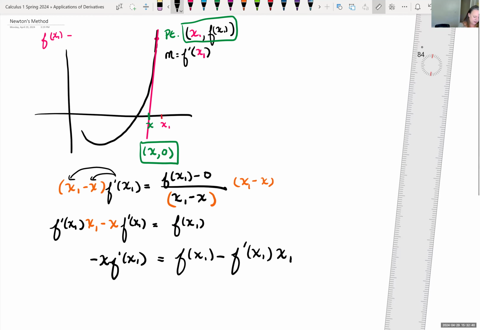Now if we divide by our derivative, or let's divide by the negative of our derivative. Let's divide every term by negative f prime of x of 1.